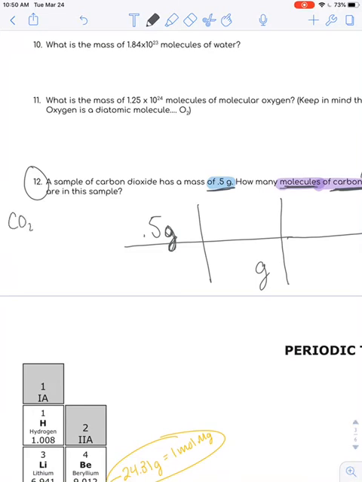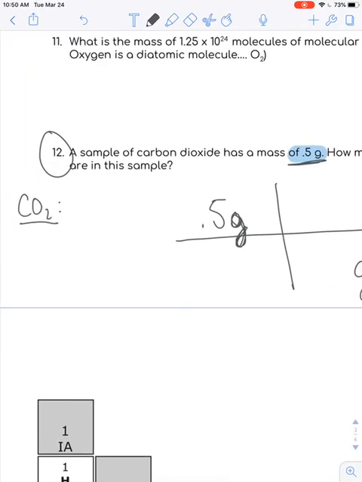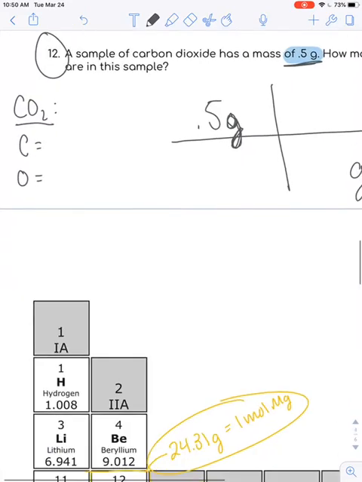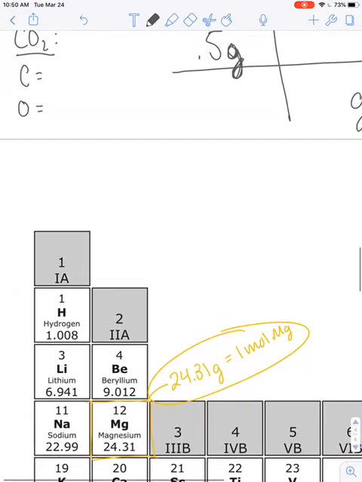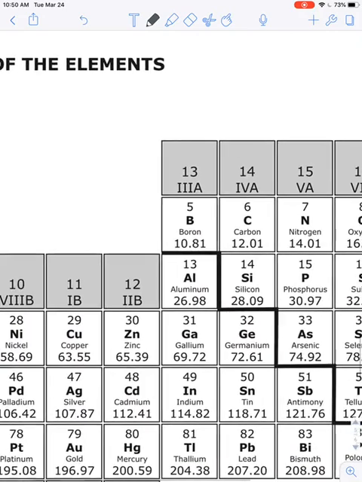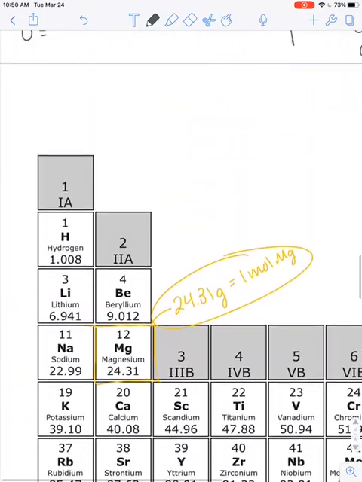I'm going to use this space over here to calculate that molar mass. We have a carbon and two oxygens, so don't forget that. Carbon, on our periodic table, has a molar mass of 12.01.